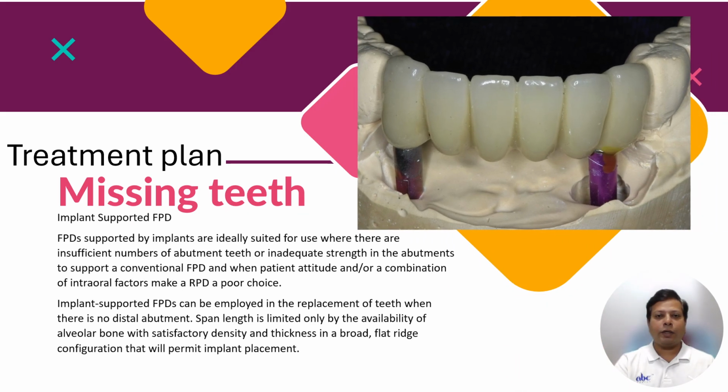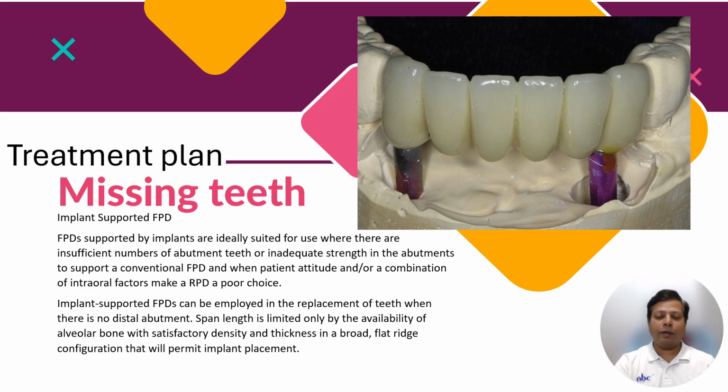Implant supported fixed partial dentures are a great choice, particularly in patients where there are missing abutment teeth, or there is too long a span, or there is inadequate strength in the abutment teeth to support a conventional fixed partial denture treatment, or any intraoral factors or patient considerations which do not let you use an RPD as an option.